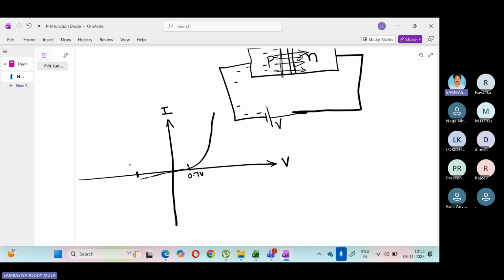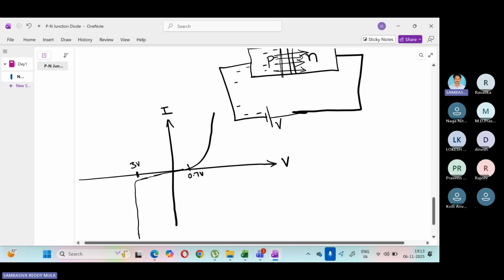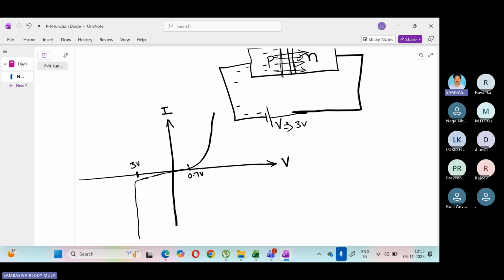If it is a heavily doped Zener diode, then generally the breakdown occurs at 3 volts, a large amount of current will flow, and the voltage remains 3 volts across the Zener diode. Okay. This voltage may be increased beyond 3 volts, to 5 volts, 10 volts like that.